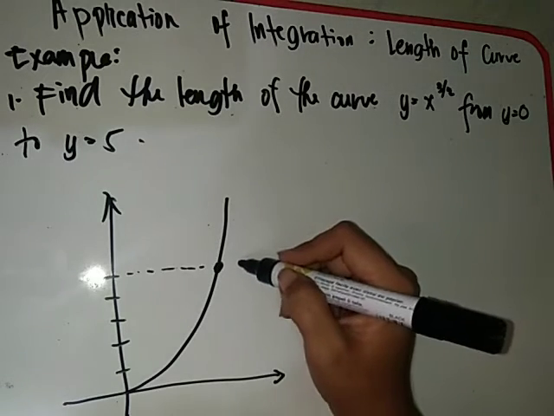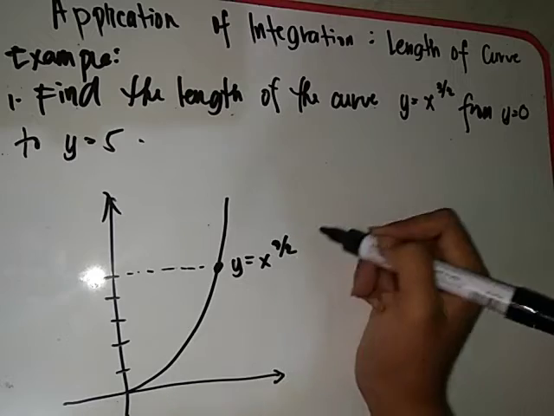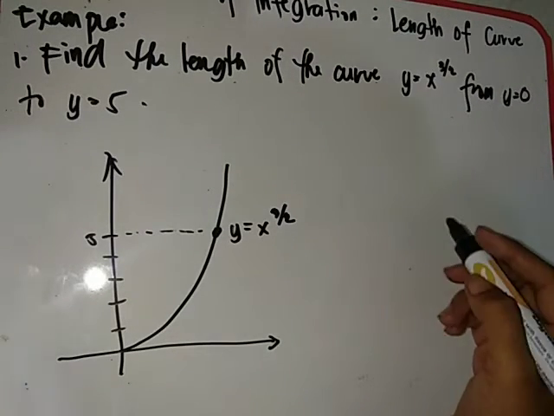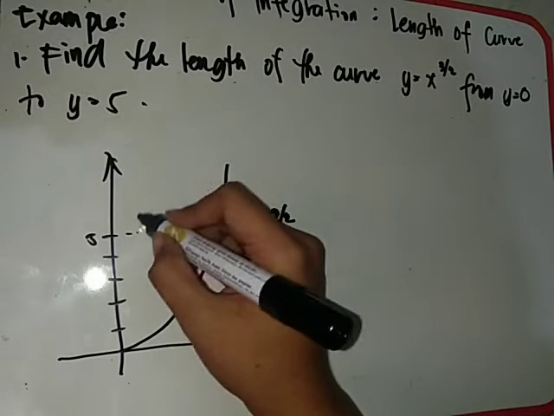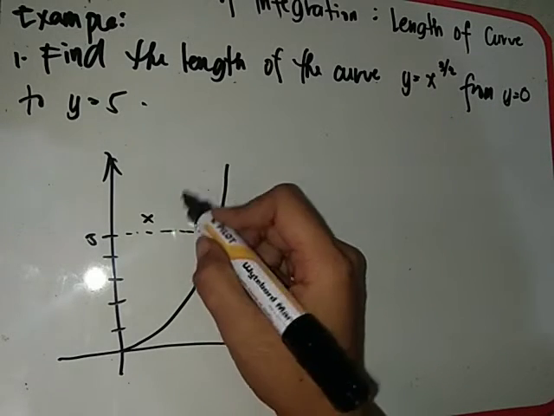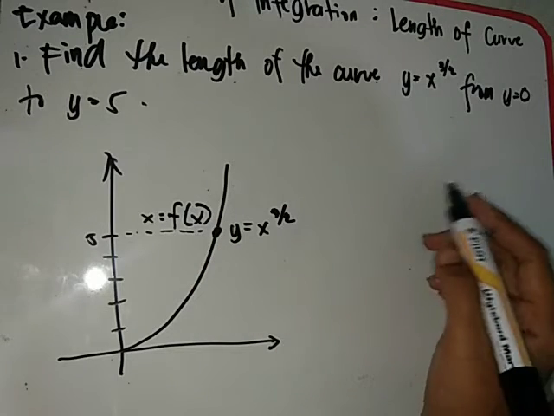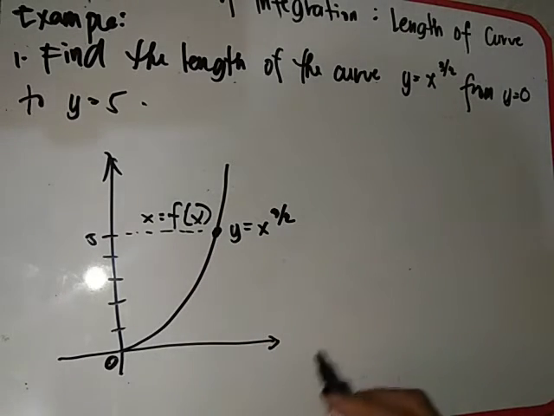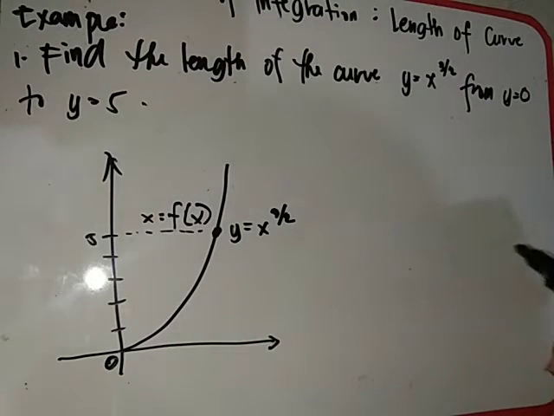So this is y is equal to x raised to 3 halves, and this area is x is equal to f of y, so we will find the length of our curve.